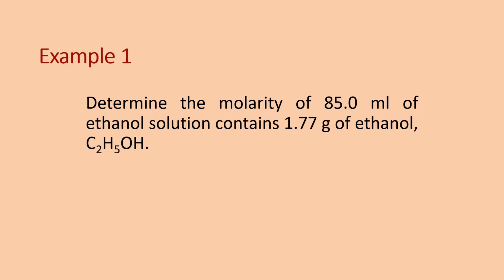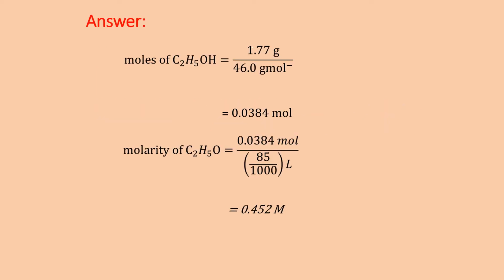Okay, example 1. Determine the molarity of 85 ml of ethanol solution containing 1.77 gram of ethanol. Answer. Mole of ethanol is equal to mass of ethanol, which is 1.77 gram, divided by 46 gram per mole, which is the molar mass, and you have the mole of ethanol, which is 0.0384 mole.